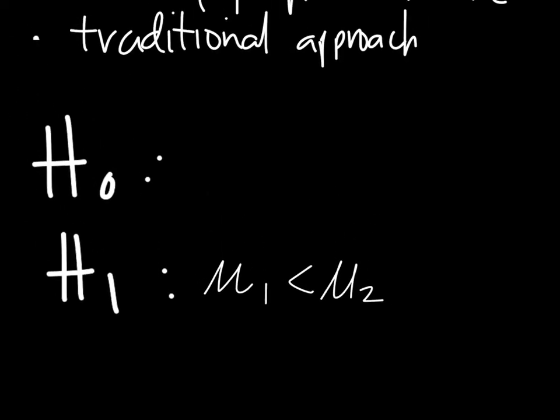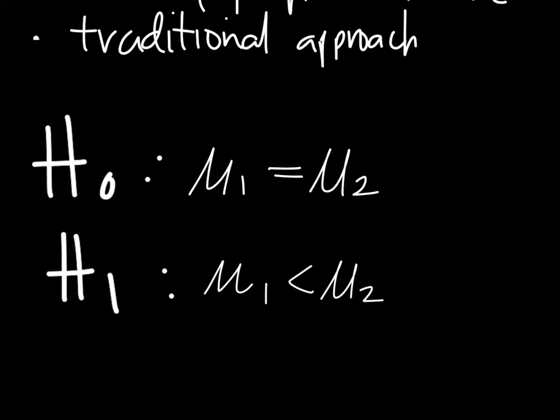So we could start by setting up our H1, that is, we want to test whether mu1 is less than mu2. And by default, we say that mu1 is the same as mu2, meaning there is no difference in the average time, or at least no significant difference.